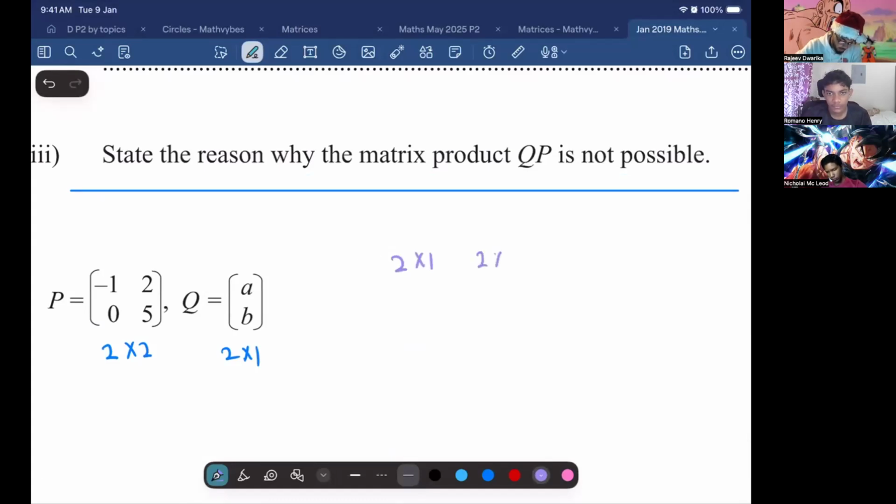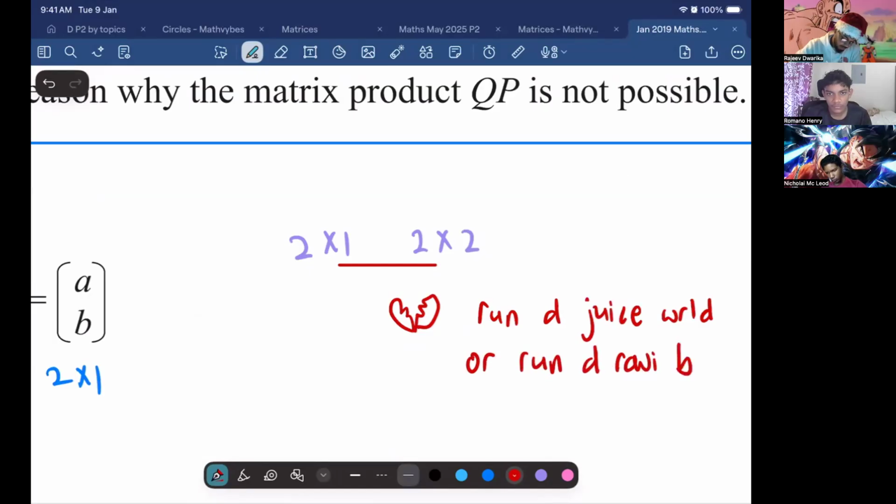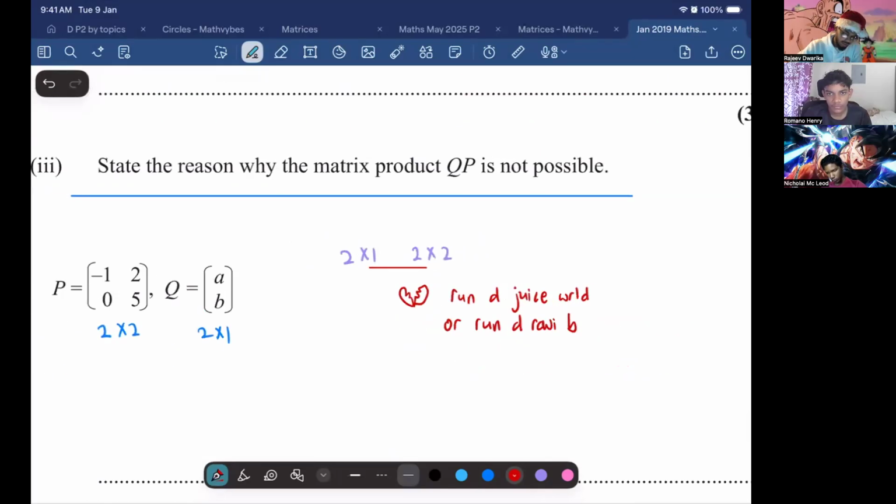Okay, is that compatible? No. It's not compatible.